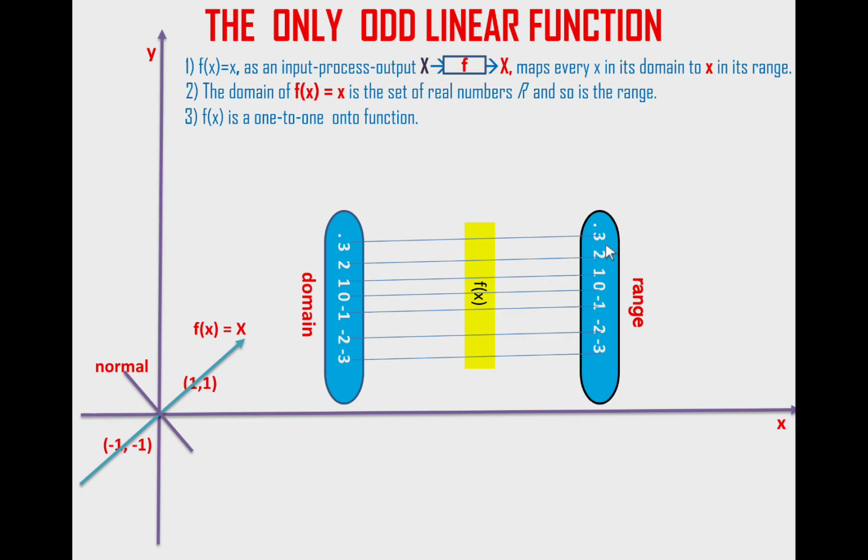We see the mapping is unique. Every unique element from the domain is mapped to a unique element from the range, and that's what we mean by 1-to-1. And since every element in the domain is mapped to a unique element in the range, every element in the range is covered by an element from the domain.